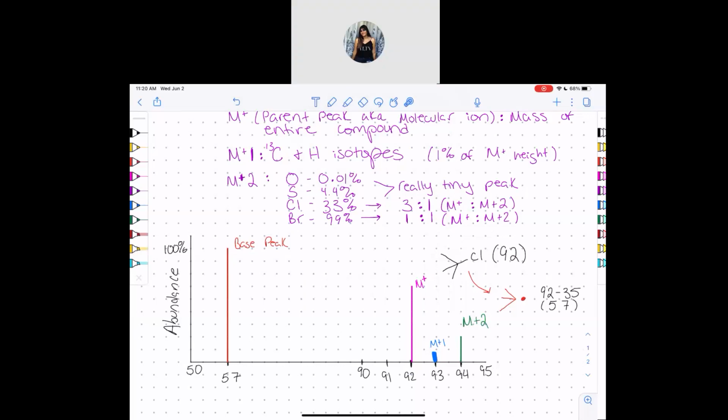And in these, everything from the M+ up to the M+2 is essentially the entire molecule, not a fragment, right? Exactly. Everything before that would be fragments.